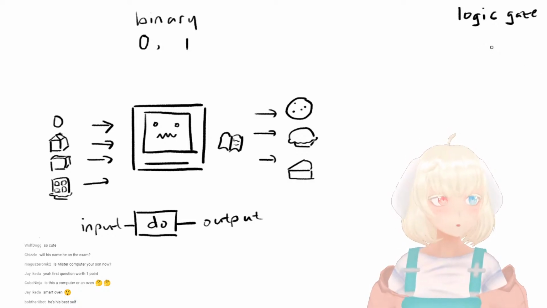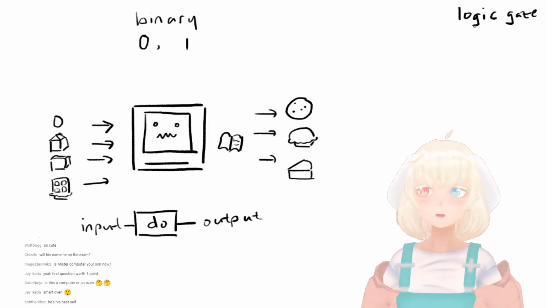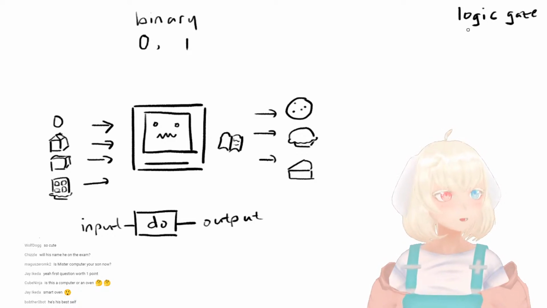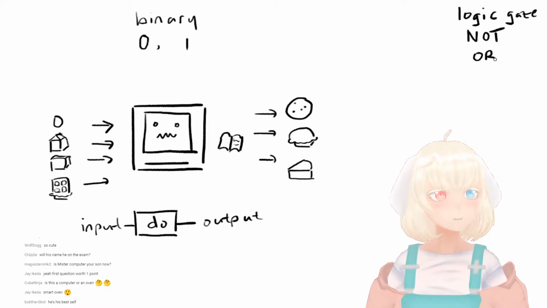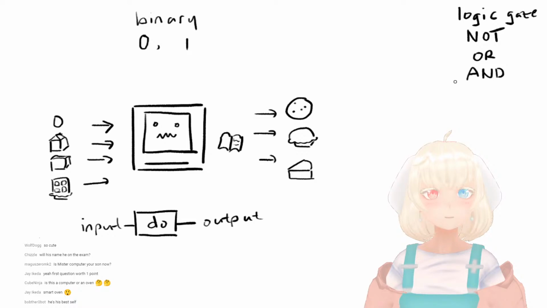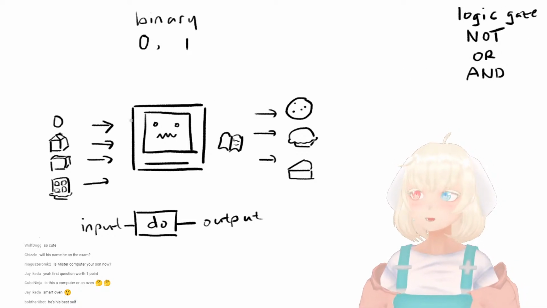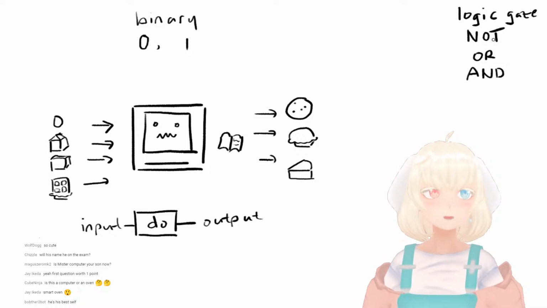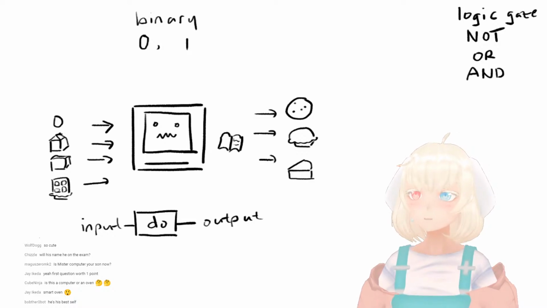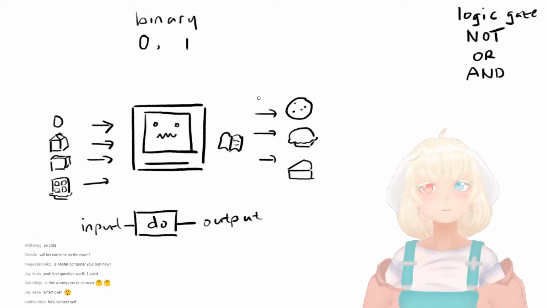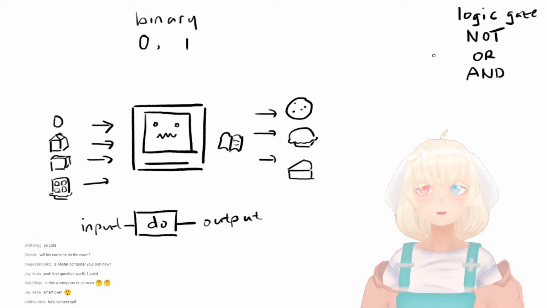And there are a few different logic gates, but the 3 that you'll really need for programming are not, or, and. There are others, but these are really the 3 that you'll need. Just these 3.